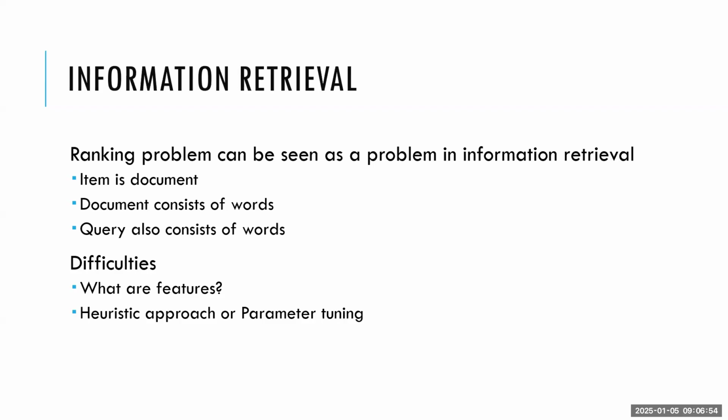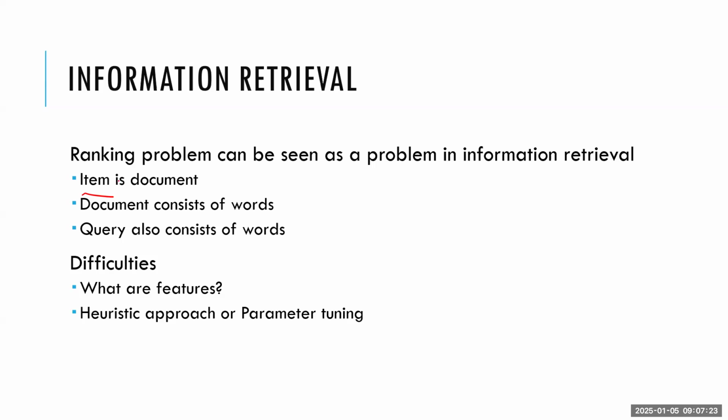So the ranking problem, we can frame it as an information retrieval problem. In an information retrieval problem, we have items, which may be documents, and a document consists of words, right?